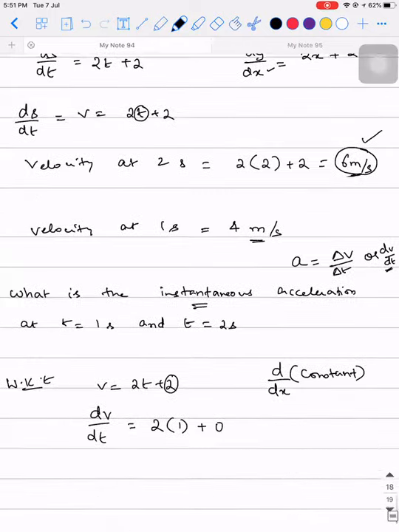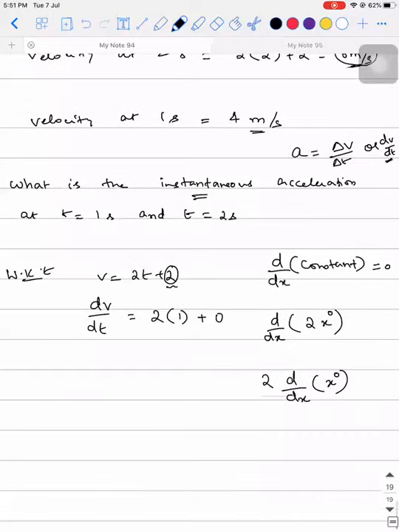Whereas here, I have only a constant. 2 is just a constant. Derivative of a constant is 0 because I can write a constant as 2 into x power 0. X power 0 is nothing but 1. So I can take this 2 out according to the same logic: 2 into d by dx of x power 0. For x power 0, if I apply the formula x power n into n minus 1, what will I get?